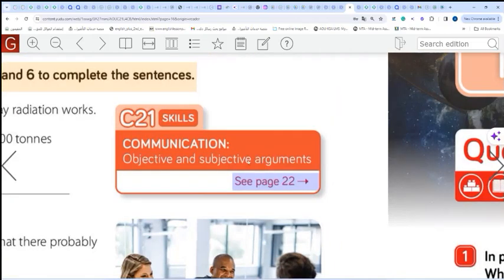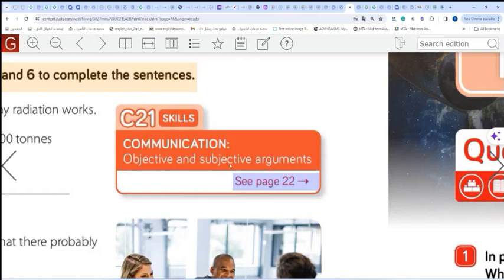Dear students, what do you mean by objective and subjective arguments? موضوعي وغير موضوعي. Okay, excellent. So objective means, as you said, and subjective means the opposite. To be personal, to be based on personal feelings, on your own opinion or experience.